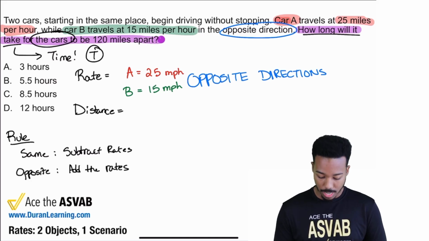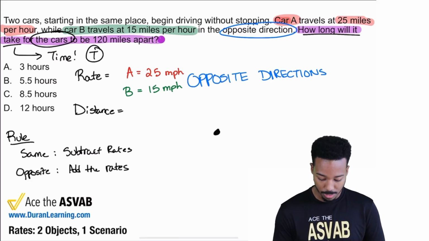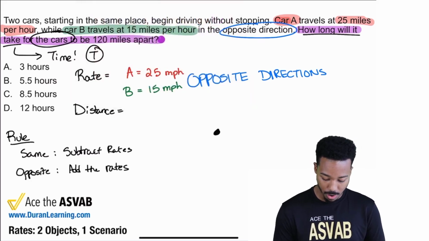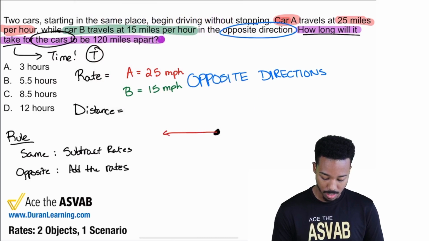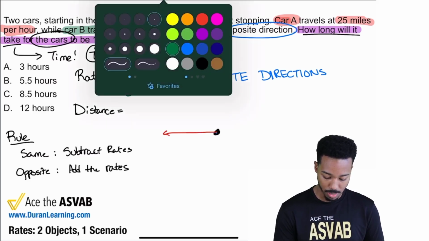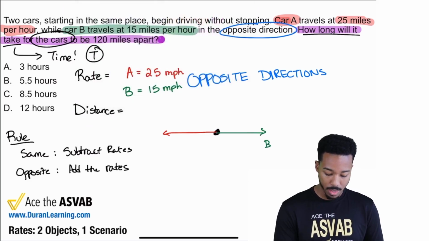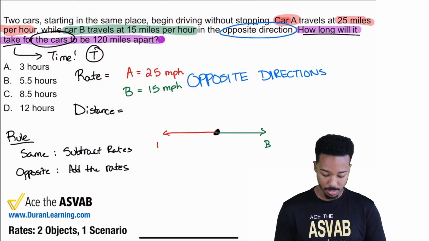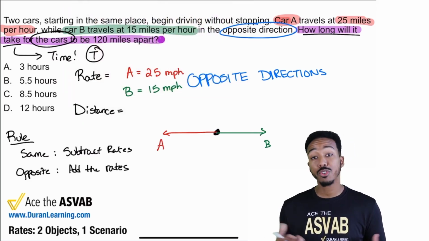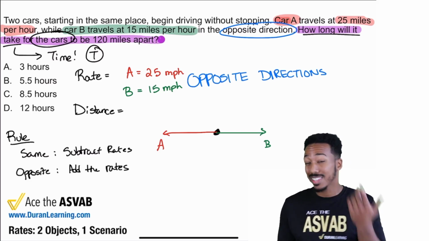If we are looking at the two cars starting in the same place, with red, car A, going this way, and then car B, green, going that way, and we're trying to find out how far apart they are, think about it like this.